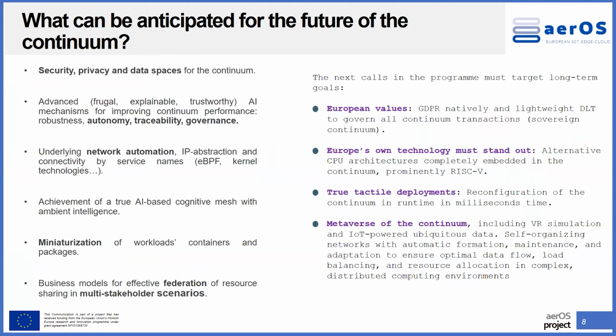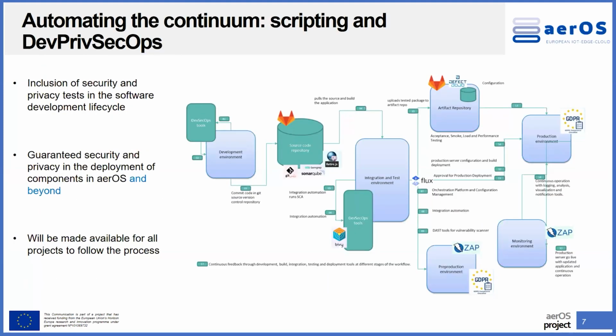So having deployed the methodology and the components, we also have designed a methodology to deploy all the components that support the aerOS orchestration and federation across the continuum from edge to cloud.